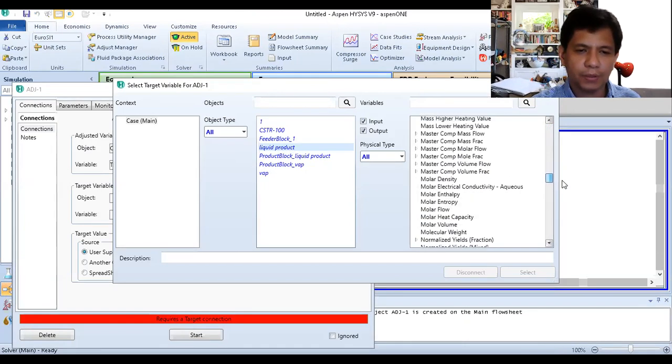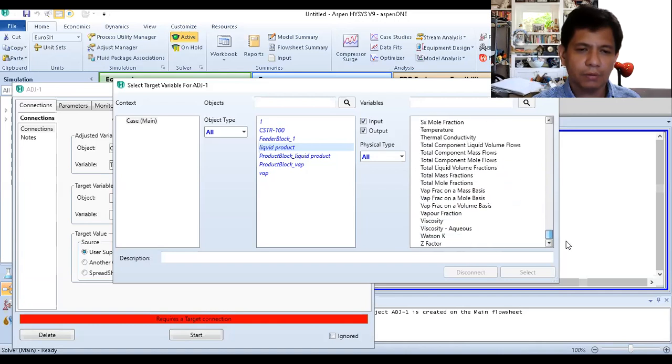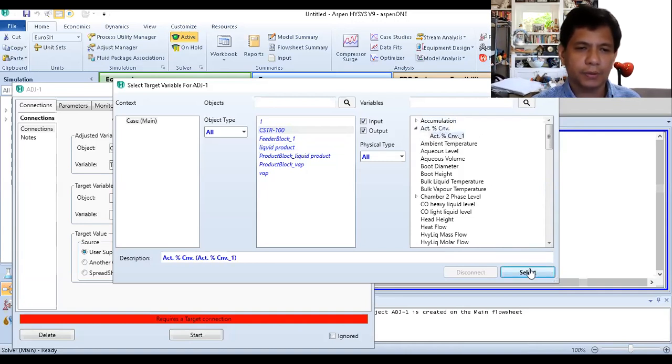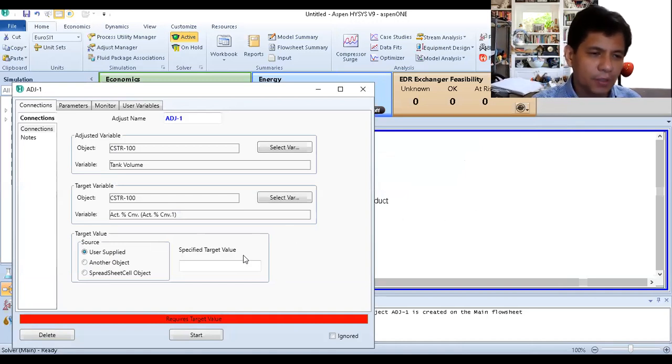Hanapin lang yung percent conversion. Pag wala dito, nasa reactor. Sige, nasa reactor. Ito. Select. Tapos take note, percentage to. So, ang value dito, mga 90, 95, gano'n. Percentage yan, hindi 0.9, ha?